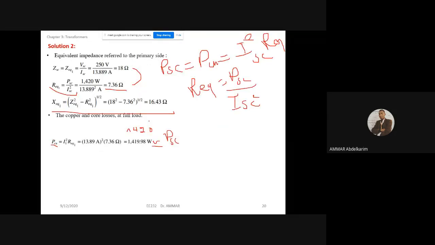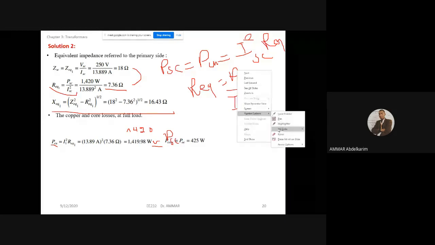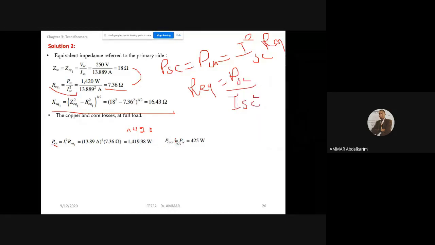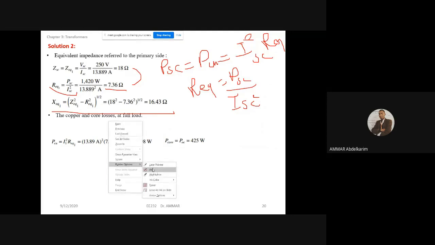So directly, the copper losses and the core losses are the short circuit power and the open circuit power. Here, for example, in this case, we have the value of the resistance. That's why we have calculated it like this. But if we don't have the value of the resistance or the value of the current, we take it directly that the copper losses are equal to the short circuit power.